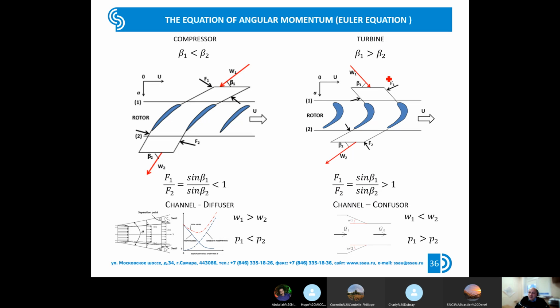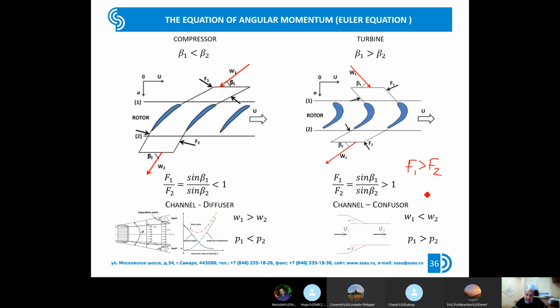In the turbine, if we provide beta 1 more than beta 2, finally you will receive that the cross-section area F1 at the inlet must be more than the cross-section at the outlet. It means that the channel in the turbine must have a confuser shape.